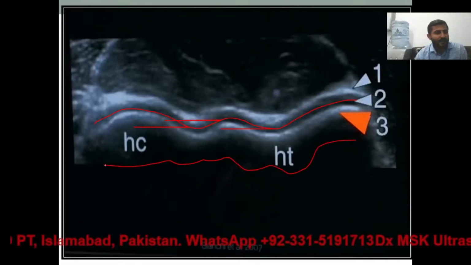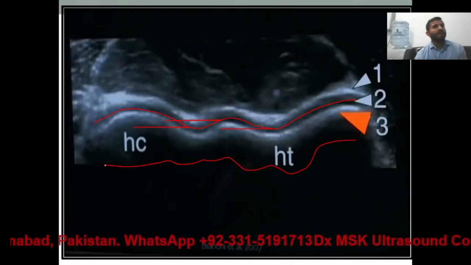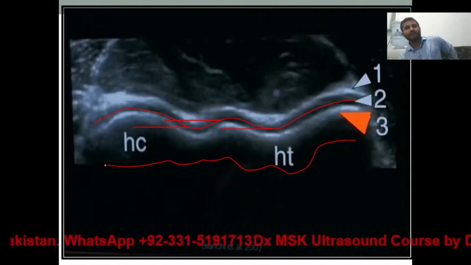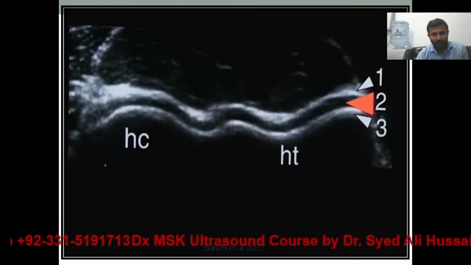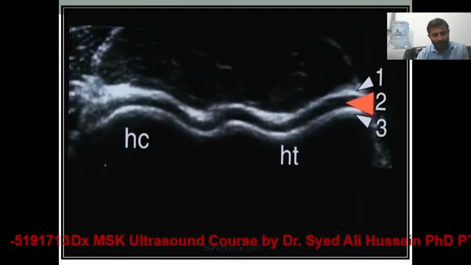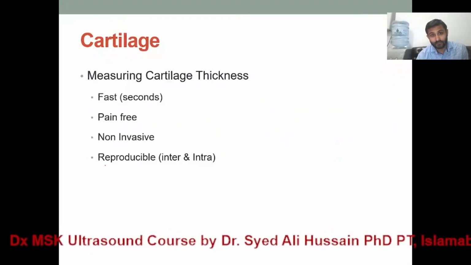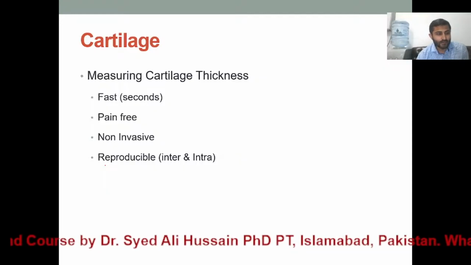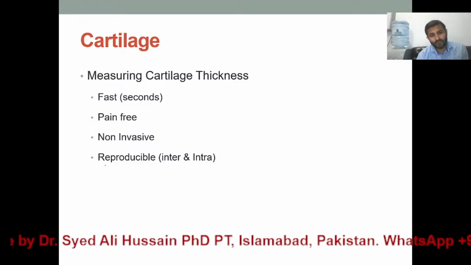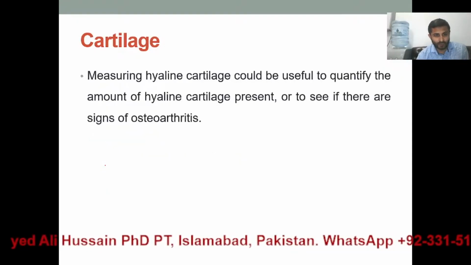This is all black, posterior acoustic shadowing, and in the cartilage you can see the dark areas. So the dark area is hypoechoic. For the cartilage, you can measure the thickness. It is fast, pain-free, non-invasive, and reproducible.